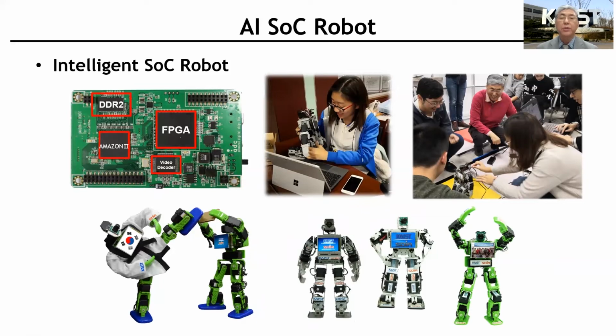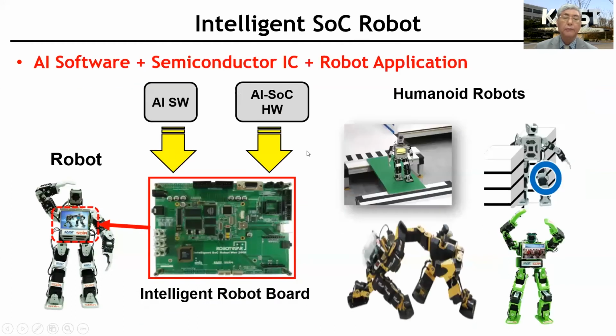Okay, let's go back to the robot. The running robot is the name of, we called it, we emphasized SoC. We emphasize the SoC because the most important parts of the robot is the SoCs. An intelligent SoC robot is the combination of the AI software and semiconductor IC and robot applications.